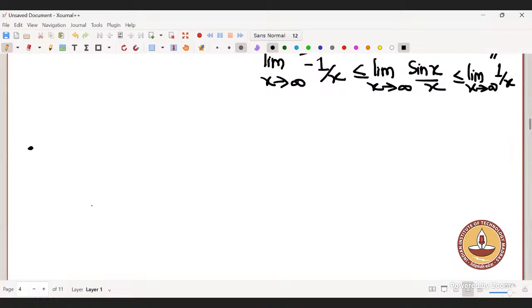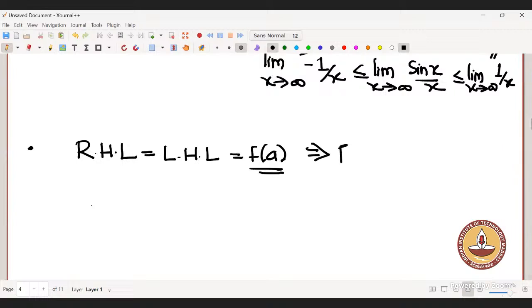RHL is equal to LHL is equal to f of a. Correct. If this condition is met, then we can say at point a the function is continuous.